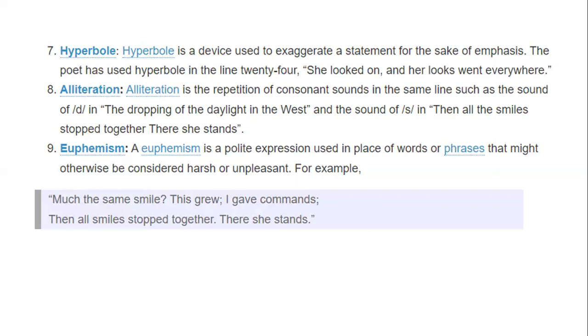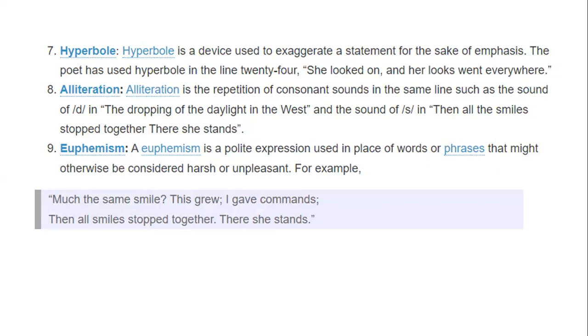And so we use it sometimes, say, for example, if someone is dying, we are not going to say outright that, oh, they died. Maybe they passed on, okay? Or may they rest in peace. So this is an excellent example of euphemism.